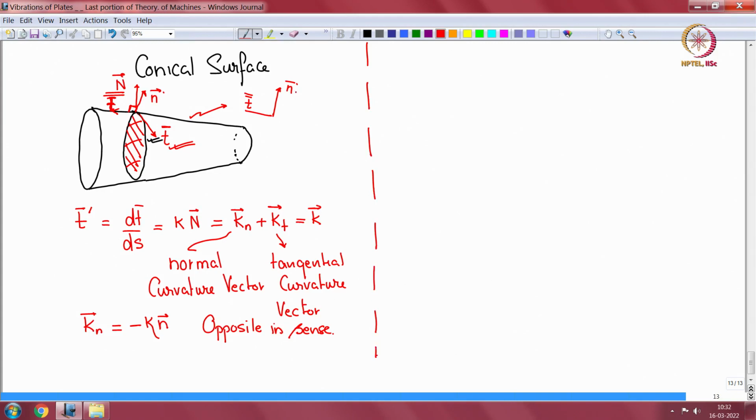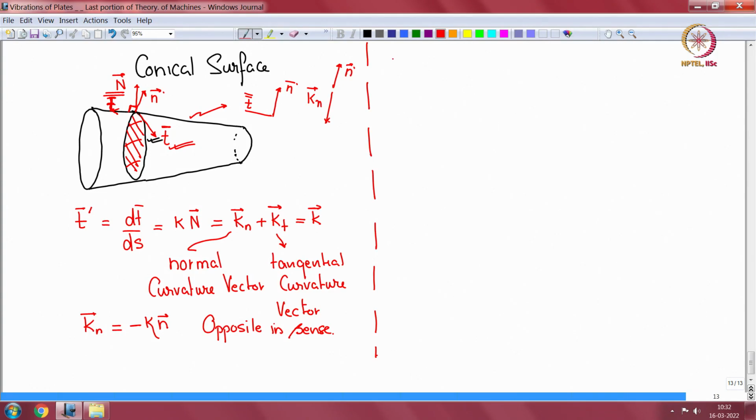So Kn is in this direction, in that general direction. Or sorry, to give you the correct picture, it's in the opposite direction, in this direction, whereas n is in that direction.